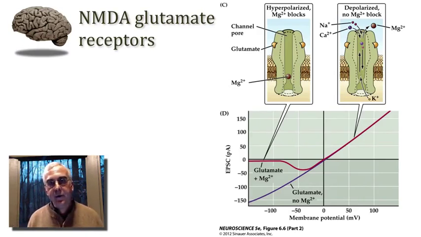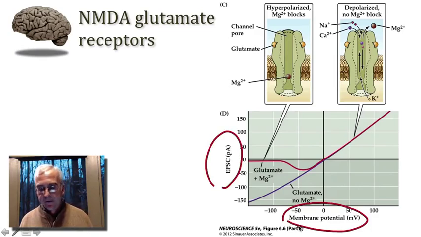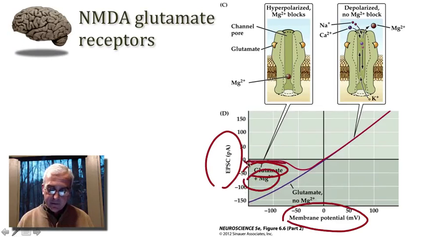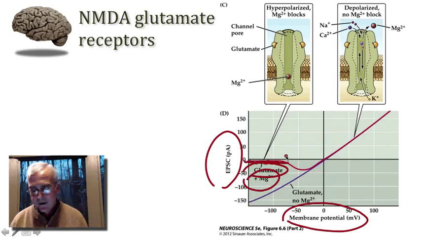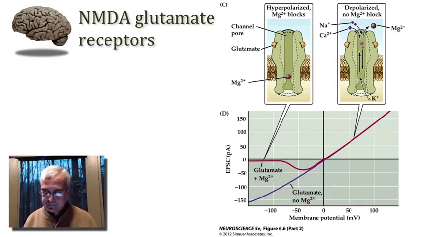This relationship is charted below in the graph that relates the excitatory postsynaptic current to the potential of the postsynaptic membrane. And what we see is that when there is the presence of the transmitter glutamate and magnesium ions, there is little to no excitatory postsynaptic current recorded at hyperpolarizing potentials.